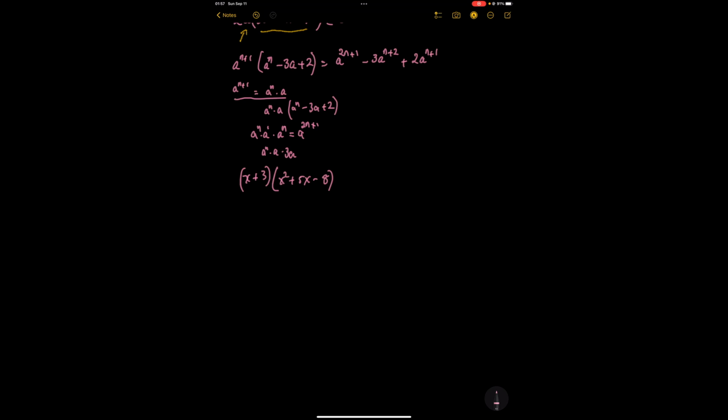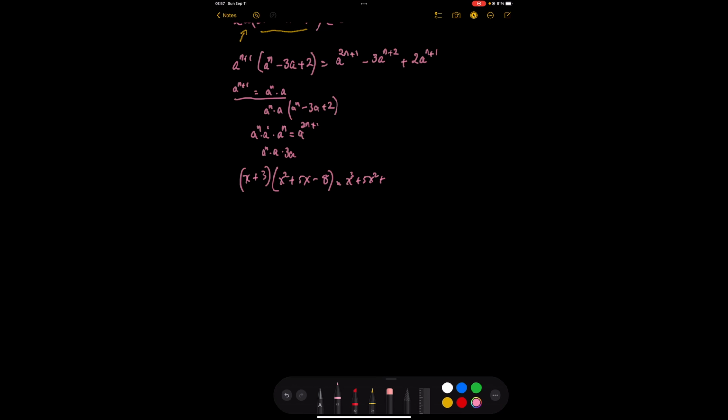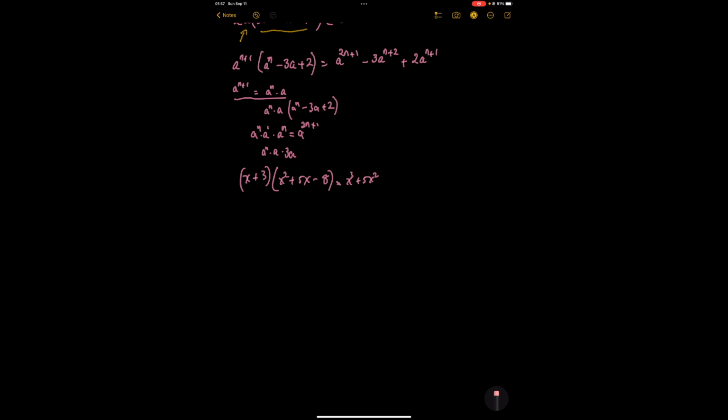So x times x squared is equal to x cubed. x times 5x equals 5x squared. x times 8 will be equal to negative 8x. Plus 3 times x squared is 3x squared. 3 times 5x is equal to 15x. And 3 times negative 8 is equal to negative 24.